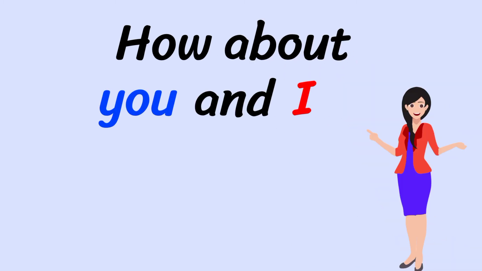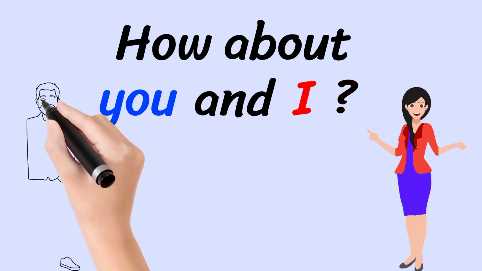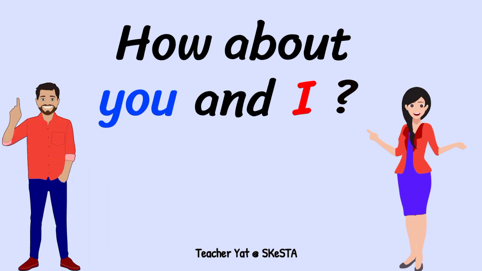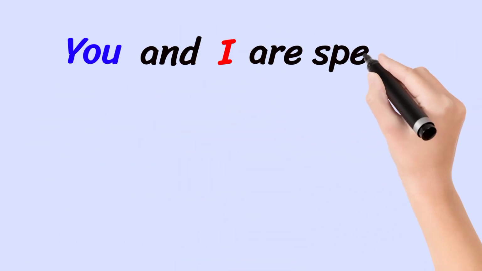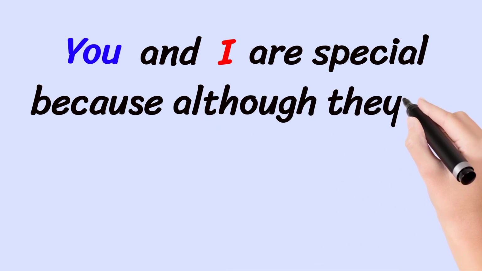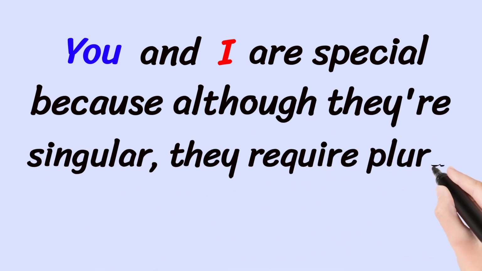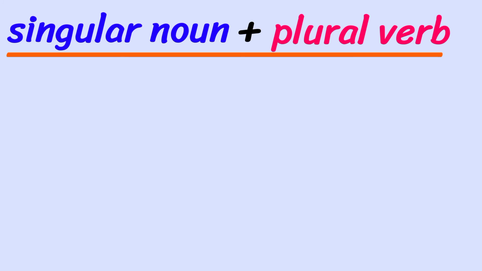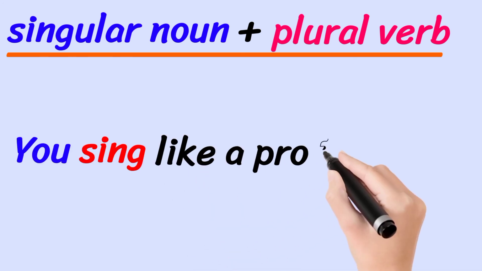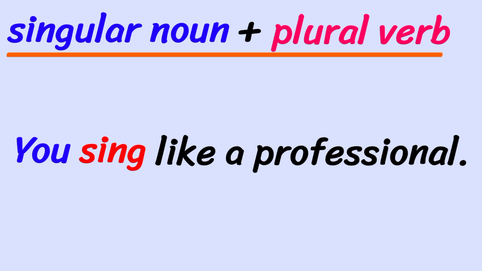How about you and I? You and I are special because although they are singular, they require the plural form of the verb. For example, read the sentence: You sing like a professional.